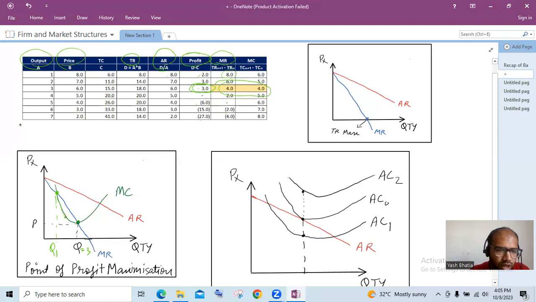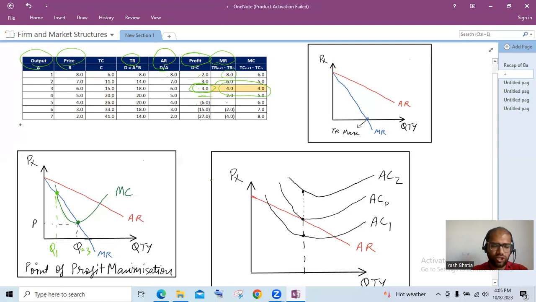When the MC curve is reducing, it means that marginal cost is reducing on producing extra units. So we need to produce till our marginal cost is at the lowest. So when MR cuts MC, the profit is maximum.